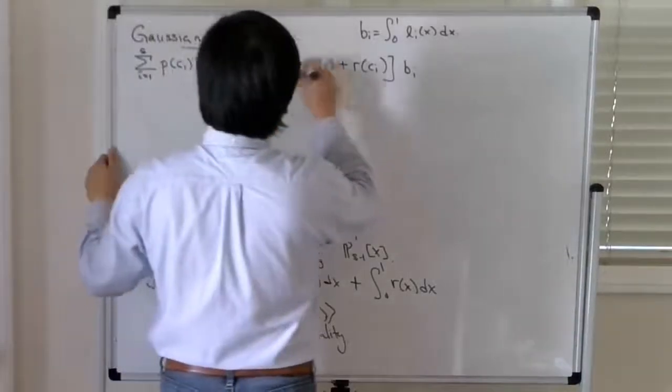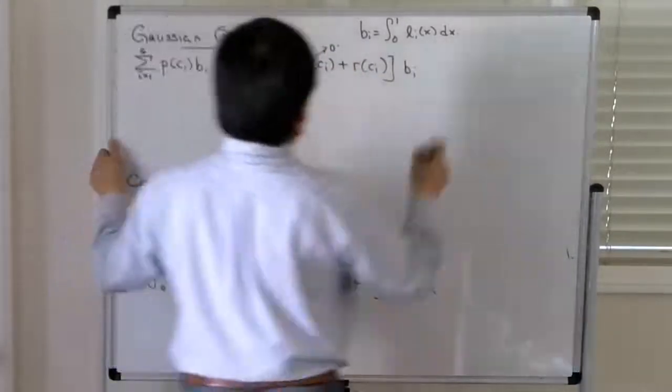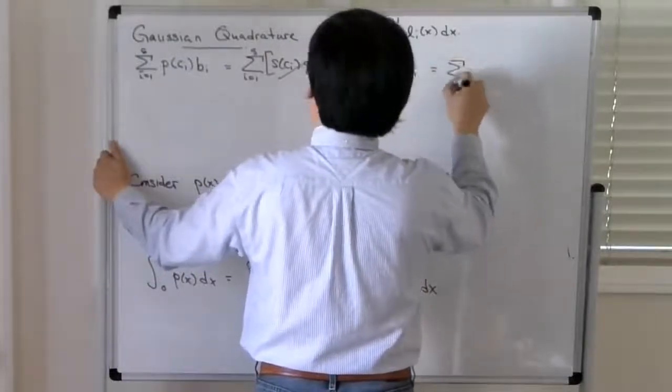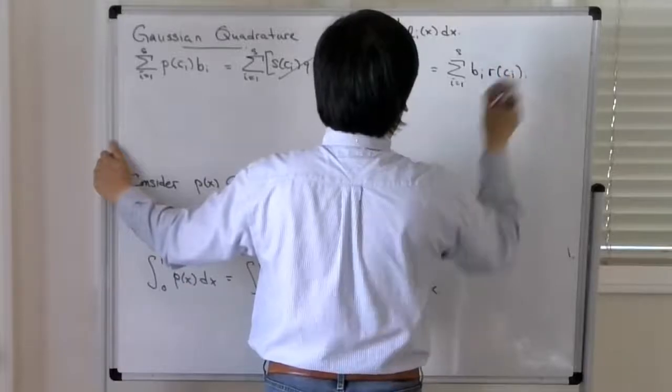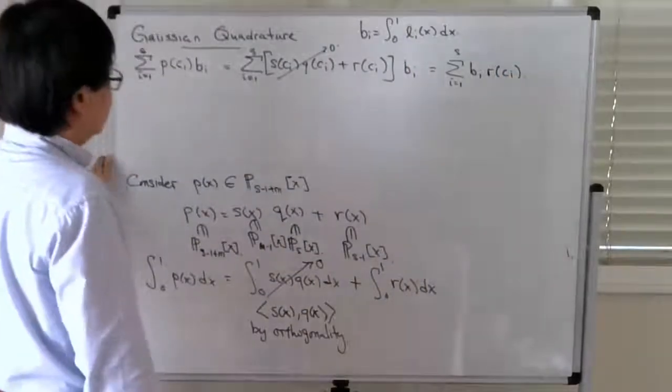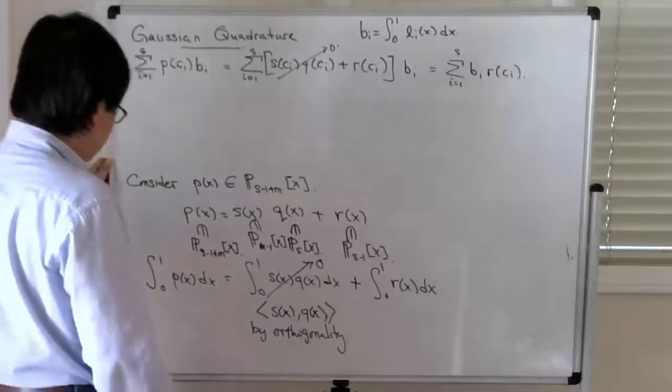So this term here vanishes, and what you're left with is the sum from i equals 1 to s of b_i r at c_i.